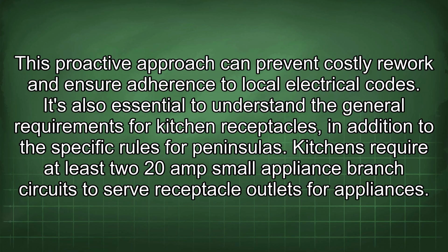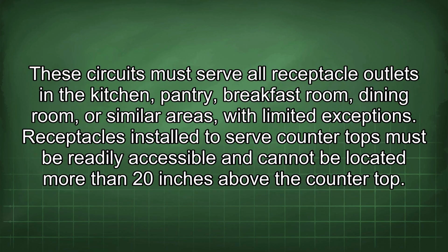It's also essential to understand the general requirements for kitchen receptacles, in addition to the specific rules for peninsulas. Kitchens require at least two 20-amp small appliance branch circuits to serve receptacle outlets for appliances. These circuits must serve all receptacle outlets in the kitchen, pantry, breakfast room, dining room, or similar areas, with limited exceptions. Receptacles installed to serve countertops must be readily accessible and cannot be located more than 20 inches above the countertop.